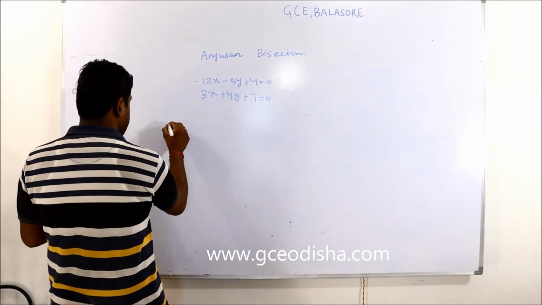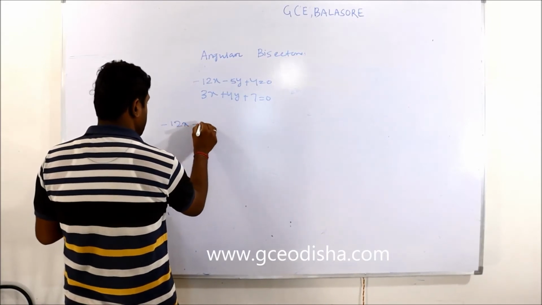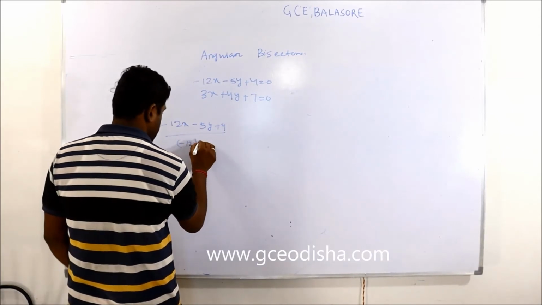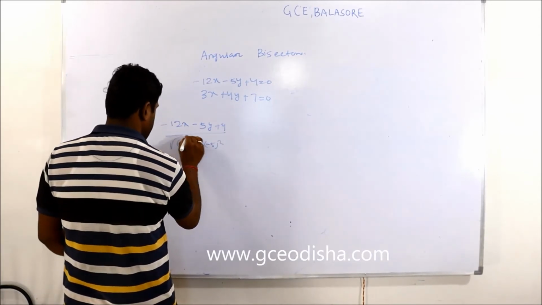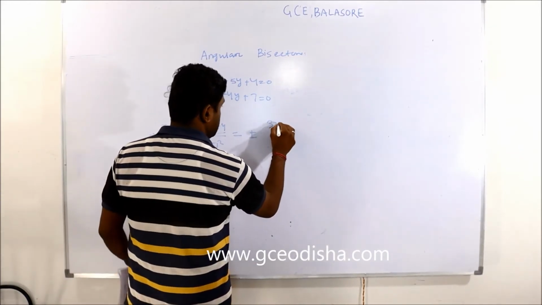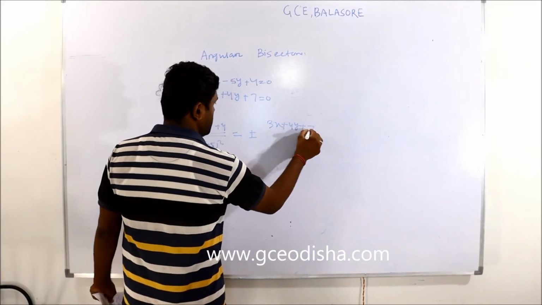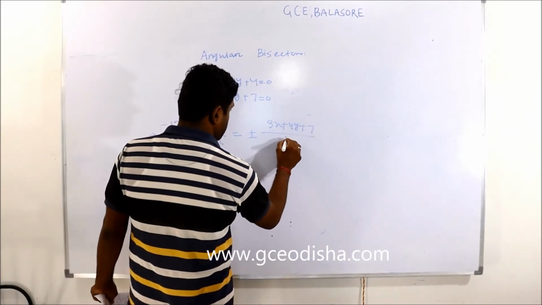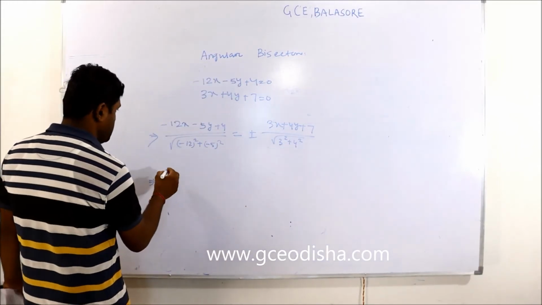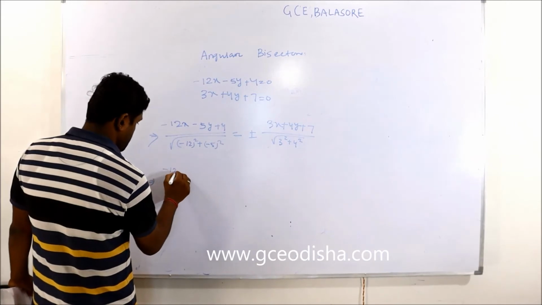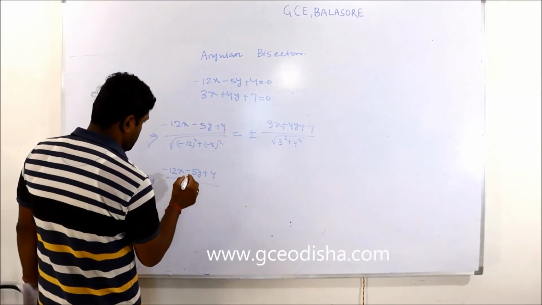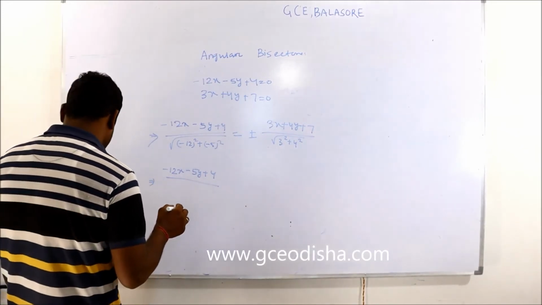And what is the angular bisector? Minus 12x minus 5y plus 4 whole divided by root over minus 12 square minus 5 square, that is equal to plus minus (3x plus 4y plus 7) divided by root over 3 square plus 4 square, right? And that is equal to minus 12x 5y plus 4, now 144 plus 25, how much will come?